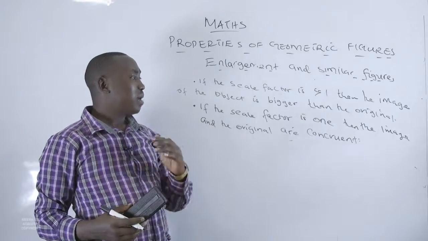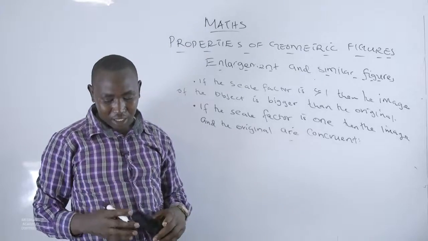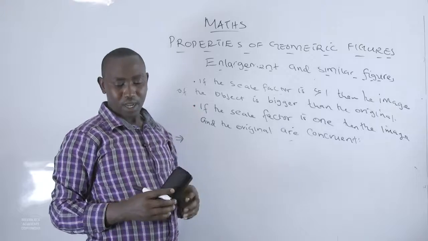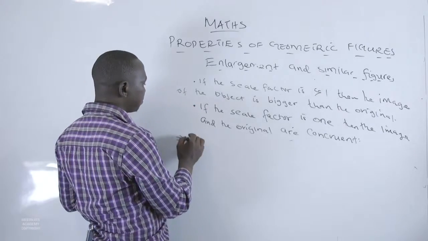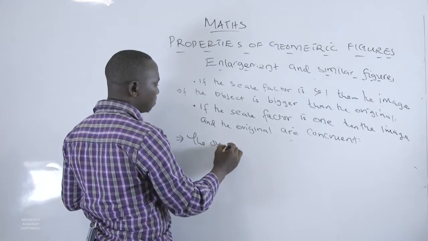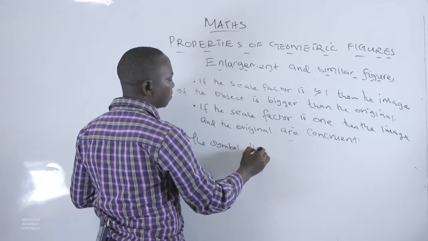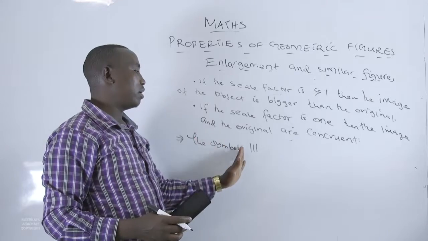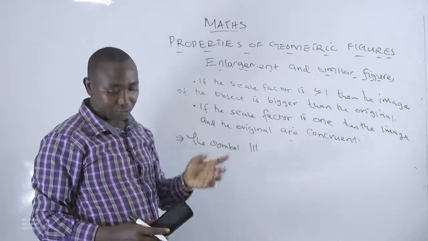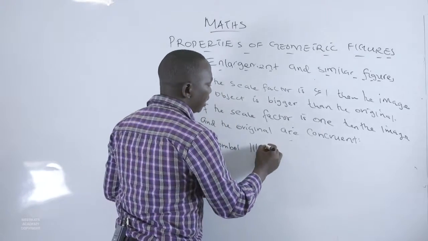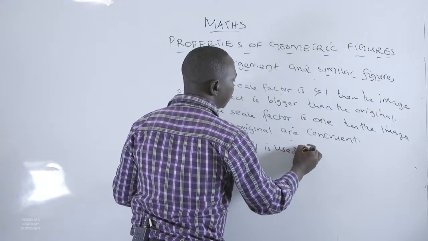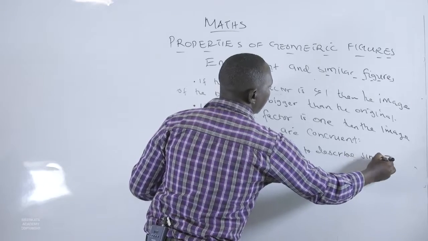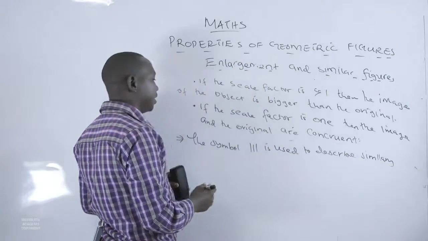There is a symbol that we normally use to indicate similarity. This symbol is 3 strokes. So whenever you see 3 strokes, it means that one object is similar to the other one. It is used to describe similarity.